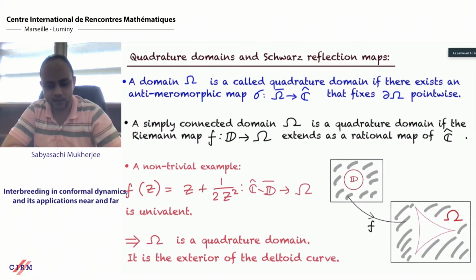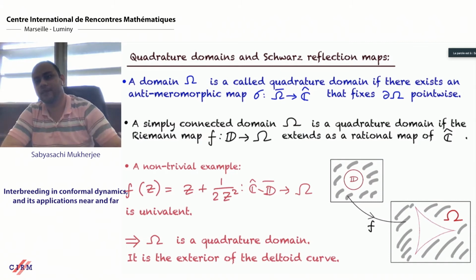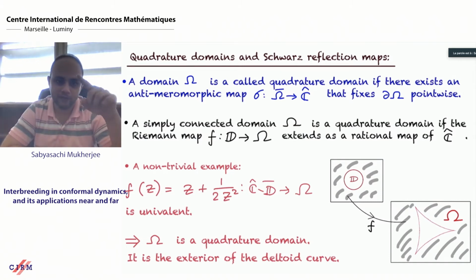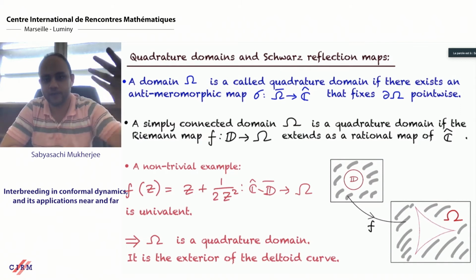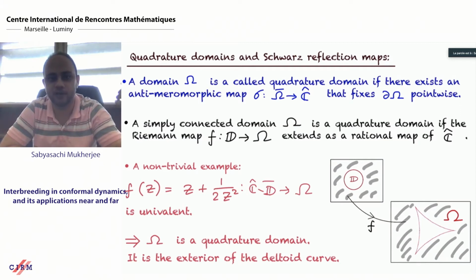But just take any domain with piecewise real analytic boundary with, say, finitely many singular points. And since the boundary is piecewise real analytic, every point is going to have a small neighborhood where you have an honest Schwarz reflection function, where inside flips out to outside, outside goes back to inside, so it's a degree 2 antiholomorphic map, and the curve is pointwise fixed.